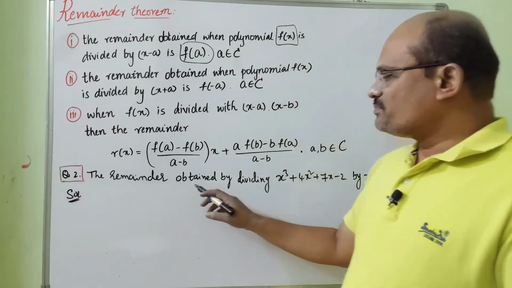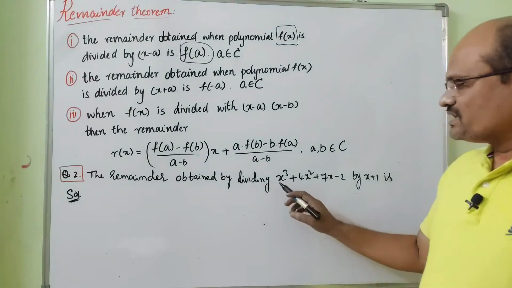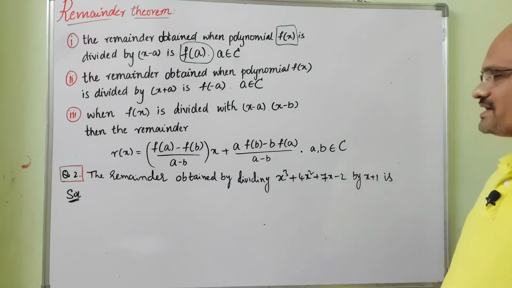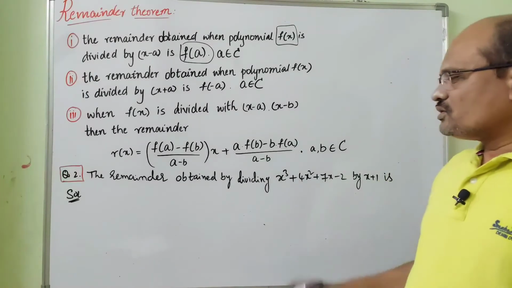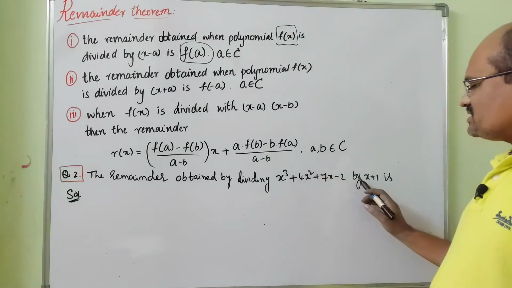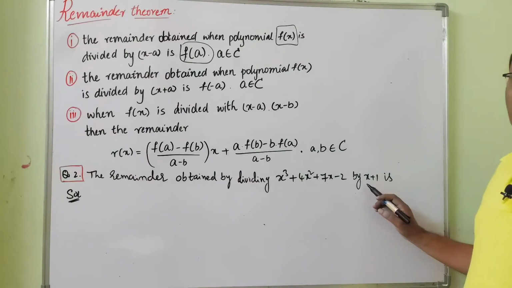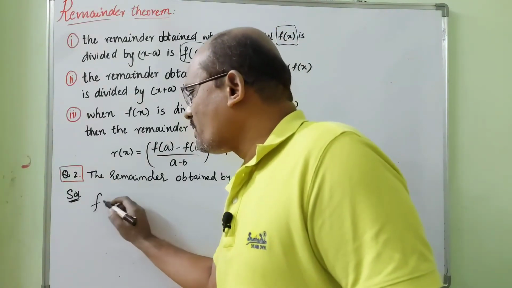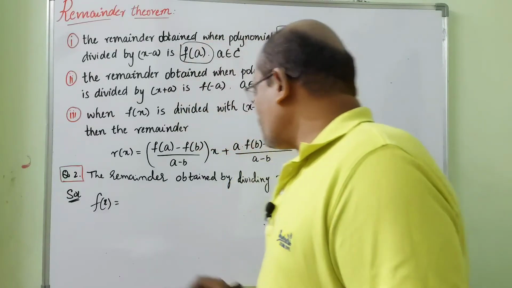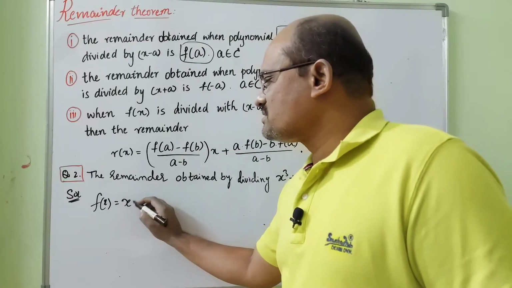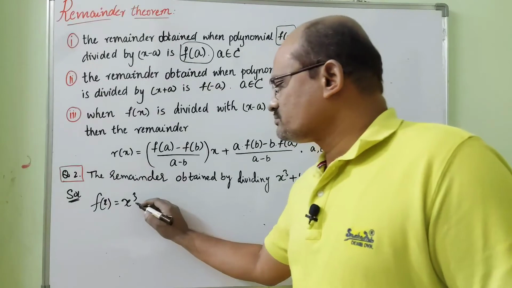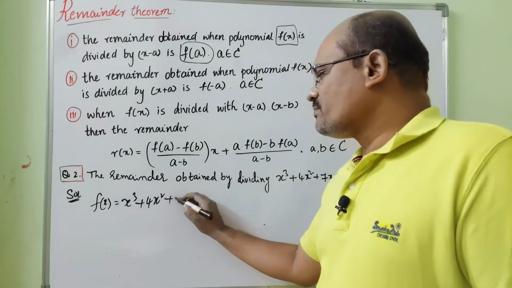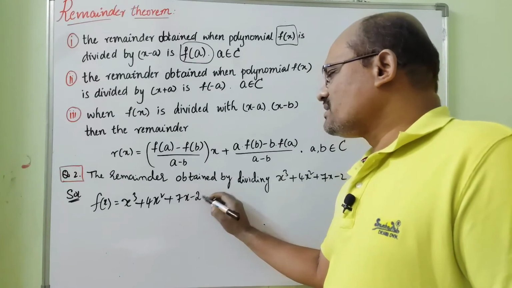Students, now the second question. The remainder obtained by dividing x cube plus 4x square plus 7x minus 2 by x plus 1 is. We are dividing the polynomial with the first degree factor x plus 1. So first assume the given polynomial as f of x, x cube plus 4x square plus 7x minus 2.